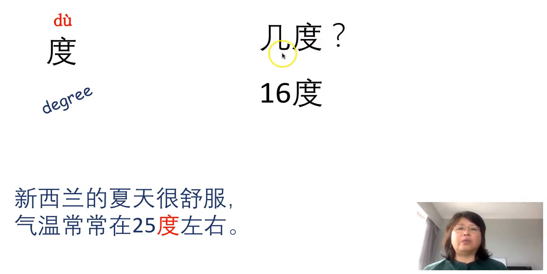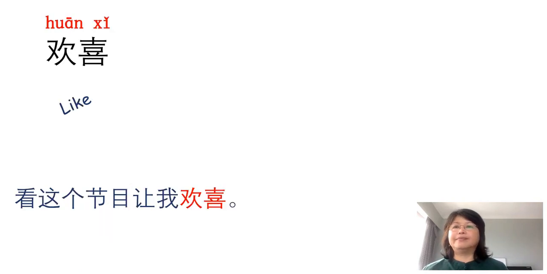In Chinese, we can say 多少度 or 几度, 16 degrees, 16度. 比如说新西兰的夏天很舒服, the summer in New Zealand 很舒服 is very comfortable. 气温常常在25度左右, the temperature is often around, 左右 left and right, around 25 degrees, 25度.